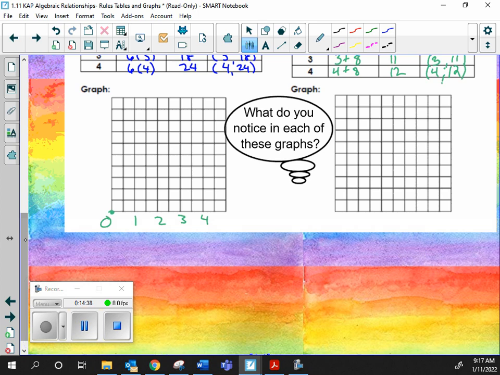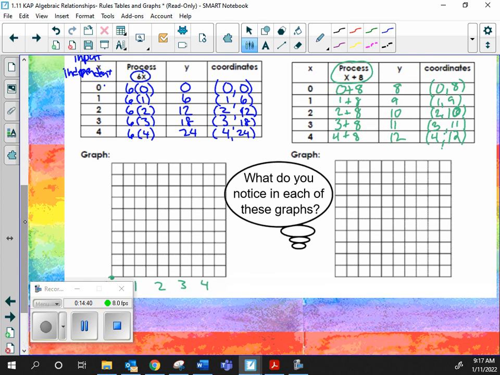On my y-axis, I need to make sure I go from what to what, at least? If I'm graphing this, I need to go up to 24. Can I do 1, 2, 3, 4? No. I don't want to be basic and go by 2s. I want to go by 3s, because we can do that.